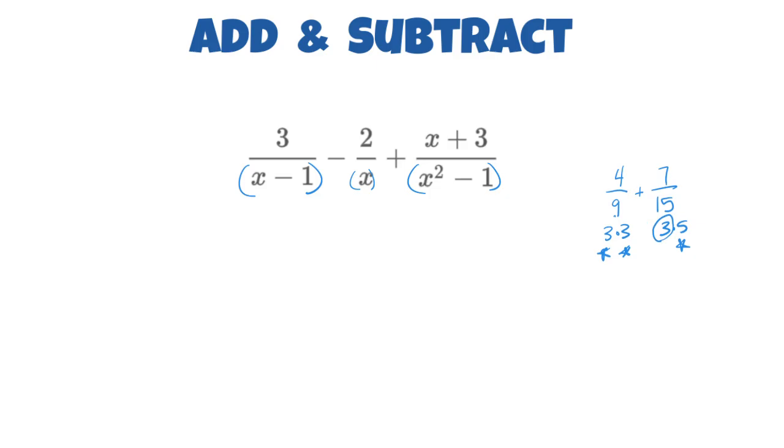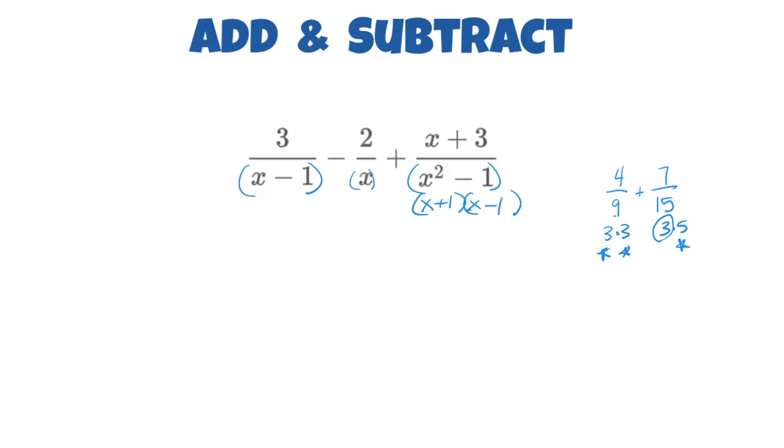So let's go look at the algebra. It's the same deal over here. I've got the x minus 1, nothing I can do. Nothing I can do with an x, but this is a difference of squares. And I want to factor my difference of squares. And what I notice when I do that is I have this x minus 1 that's already going to be accounted for over here.